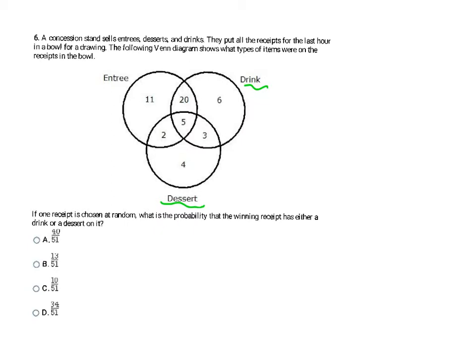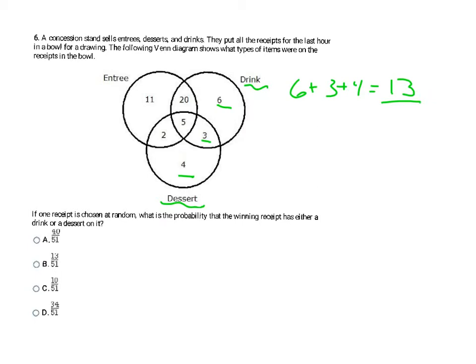And when they say either drink or dessert, they're looking for ones that are just drinks, just desserts, or you could have a drink and a dessert. That's what they mean by either a drink or a dessert. So if I add up 6 plus 3 plus 4, that's going to give me 13.